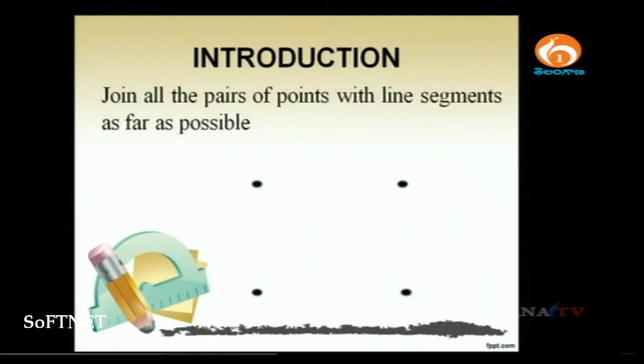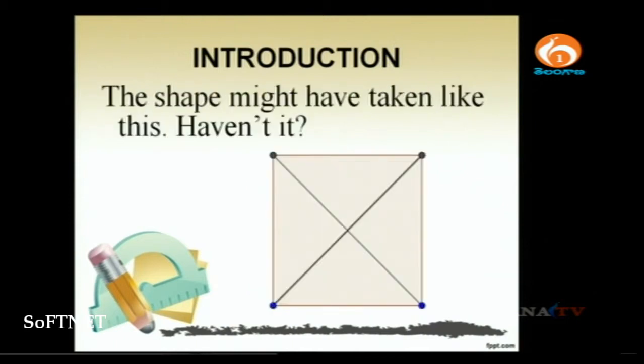Now, join all the pairs of points with line segments as far as possible. With a scale, you can join. I think you have done all the things. The shape might have taken like this, hasn't it?